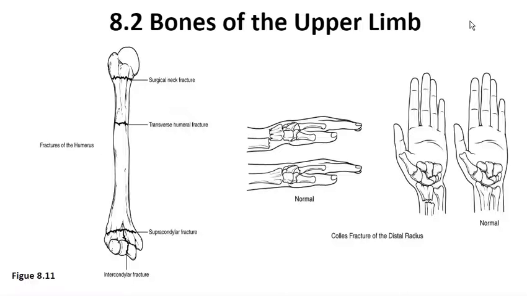A Colles' fracture of the distal radius is the most common forearm fracture, characterized by a break in the distal end of the radius bone, often resulting from a fall on an outstretched hand. It typically causes the wrist to bend backward and results in a characteristic dinner fork deformity.